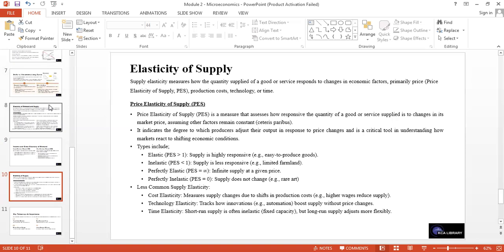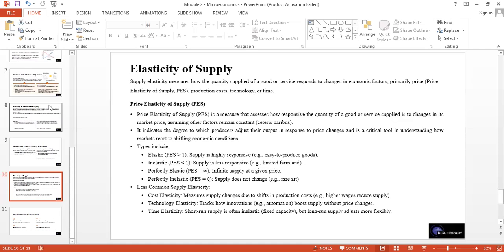We also have some others, which are production cost, technology, or time. Price elasticity of supply is a measure that assesses how responsive the quantity of a good or service supplied is to changes in its market price, assuming other factors remain constant.